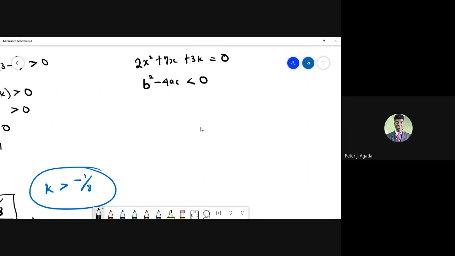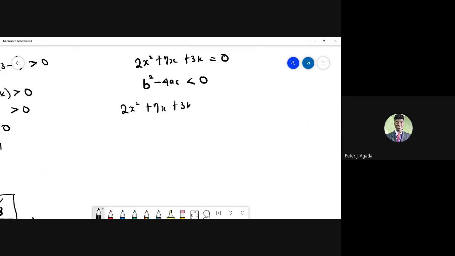Let's remove this one so we don't include anything extra in our calculations. Once again, the equation is 2x squared plus 7x plus 3k equals 0, like ax squared plus bx plus c equals 0. So what is my a? It's the coefficient of x squared, which is 2. My b is the coefficient of x, which is 7, and my c is just 3k.